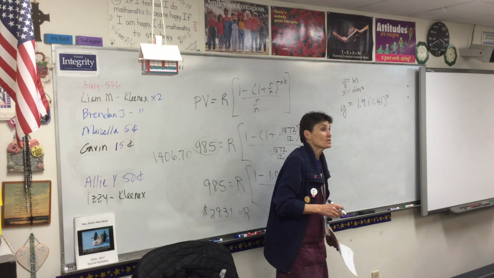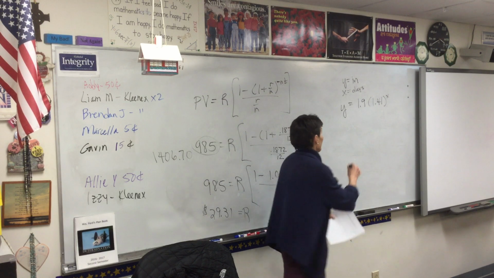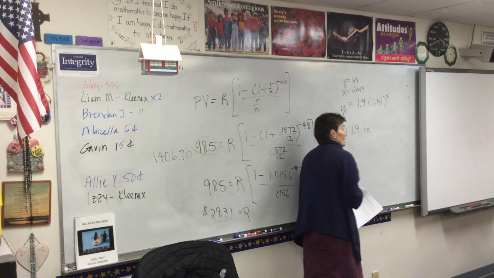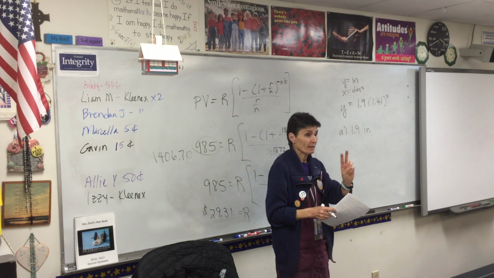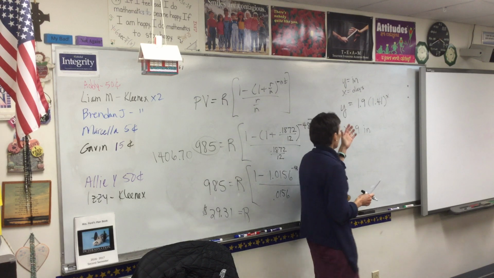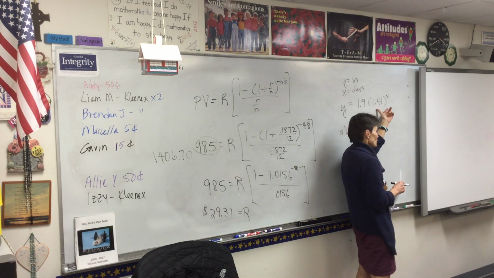All right, what is the initial length of the vine? How long is the vine at the very beginning of the problem? 1.9 inches. Now, there's 2 ways you can do that. One is you've been paying attention and you know that in problems like this, that's your starting number and this is your ratio.